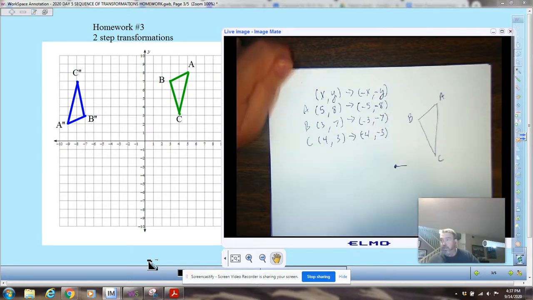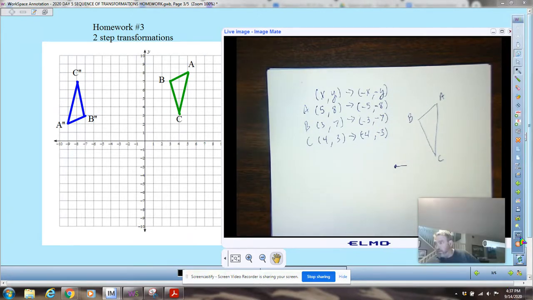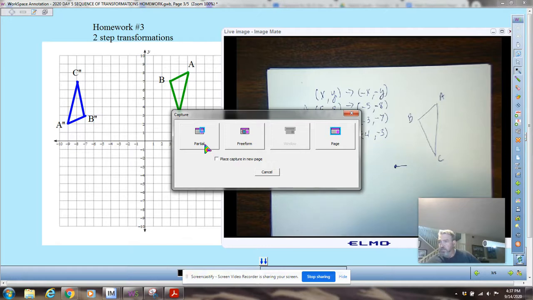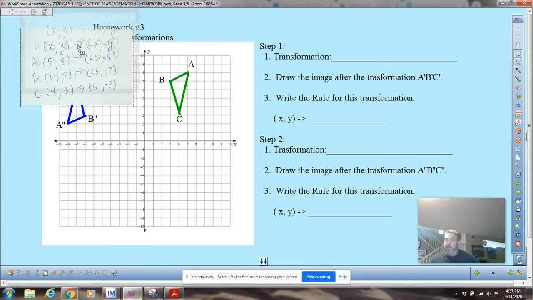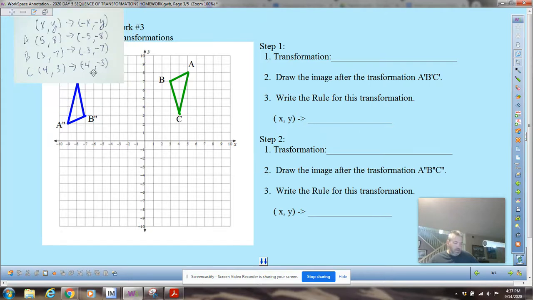Okay? All right, now I'm going to grab a picture of that so we can have those numbers. There we go. Okay, now I've got them up here. And let's draw that. Okay, so let me get a highlighter. Where is A prime? -5, -8.